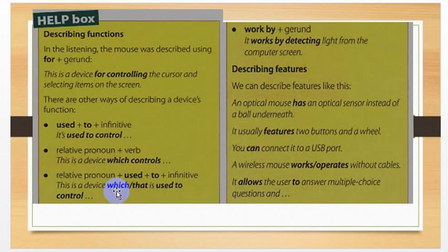Okay, let's see what we have in the help box or grammar section. Describing function. In the listening, the mouse was described using for plus gerund. What is a gerund? A gerund is the ing form of the verb.